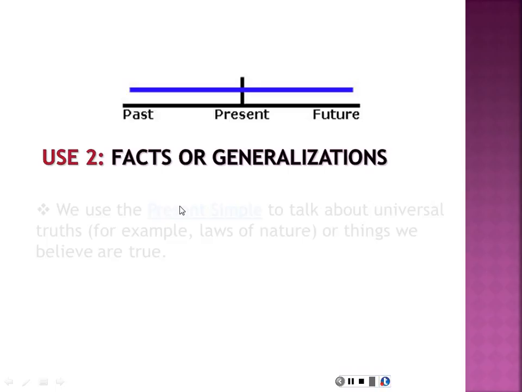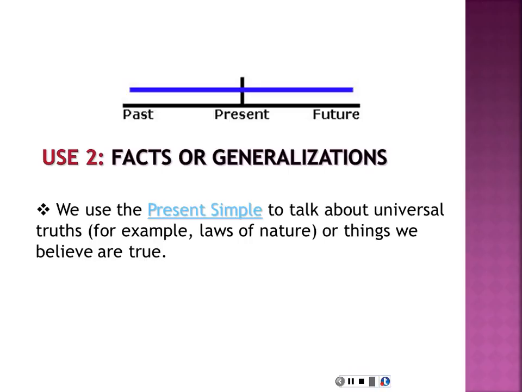So, we use the present symbol to talk about universal truth. For example, laws of nature or things we believe are true. إذا نستخدم الزمن الحاضر البسيط للتحدث عن حقائق كونية لا جدل فيها. Something that we cannot say this is not true.